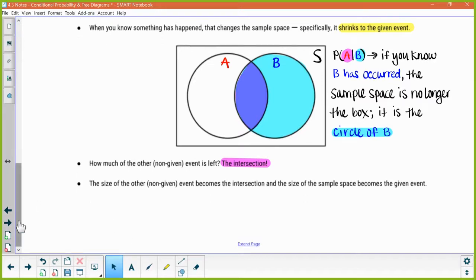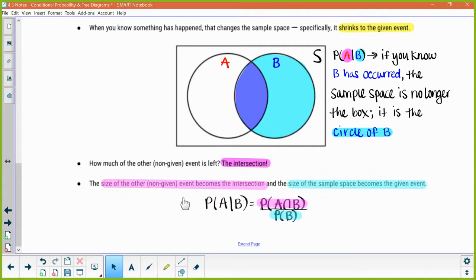Looking back at the formula up top, the size of the other non-given event becomes the intersection, the highlighted portion in the middle, and the size of the sample space becomes the given event. Basically, we are shrinking our sample space from one entire population to a subset of that population. The subset becomes my denominator, and whatever you're interested in occurring becomes your numerator based on that subset.